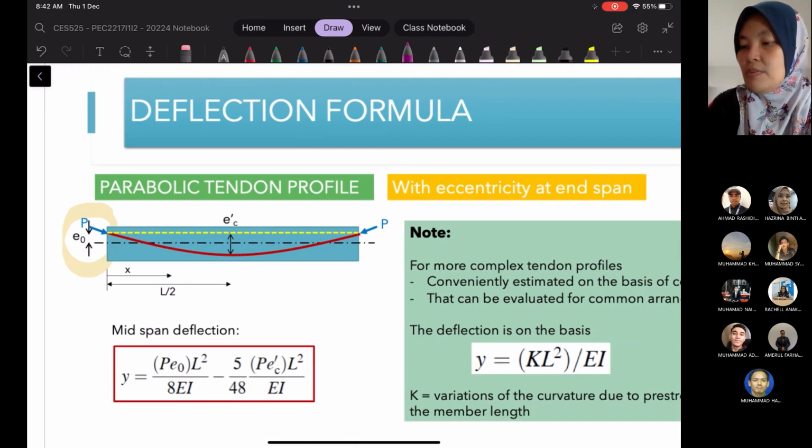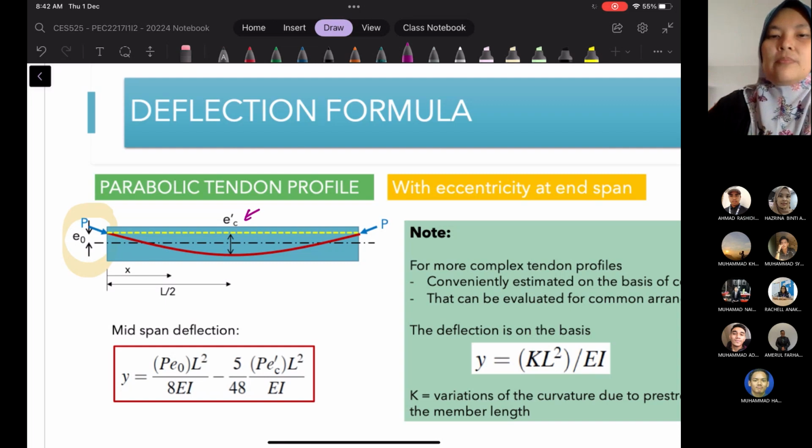And therefore, we are going to have another value of EC. So EC is the mid eccentricity, but it is not measured from the location to the neutral axis. It has to be measured to the value of the eccentricity that is on top.